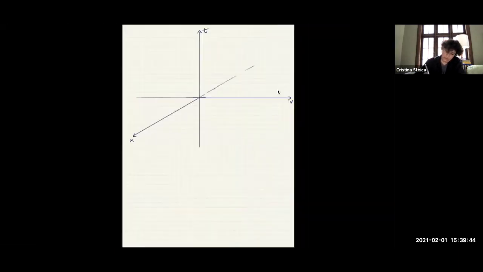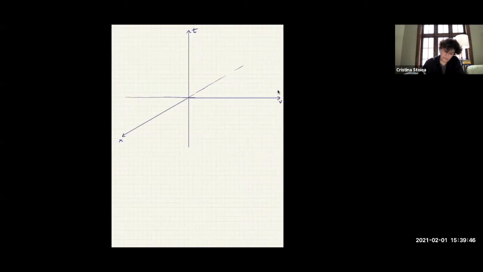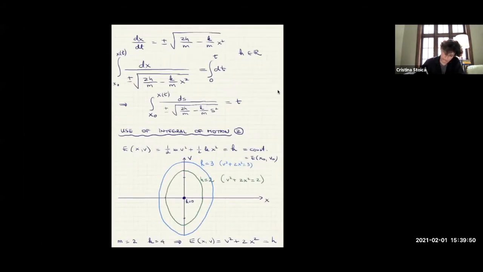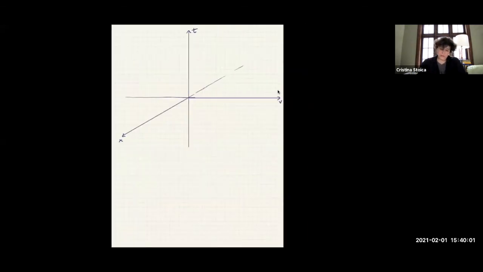So h equals 0. I'll do it in red here as well, so it's consistent. H equals 0. So this red one is a solution for which x and v stay 0 at all times.